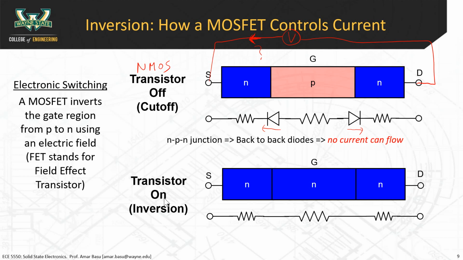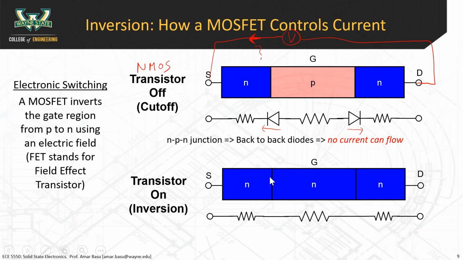A doping process typically takes a few hours. So if we wanted to switch our transistor on and off quickly, then doping is not a good option. We want to be able to switch the material from P-type to N-type within nanoseconds, if possible.